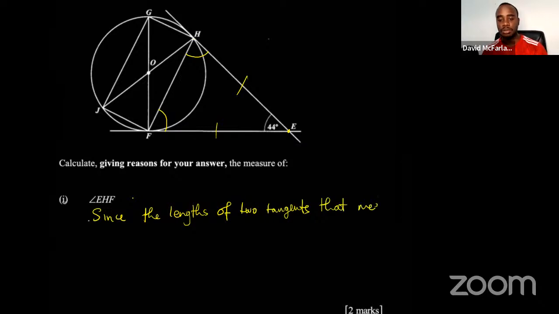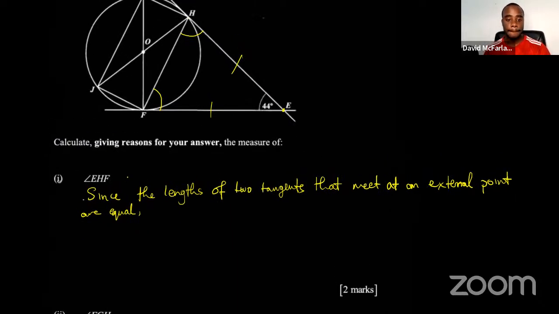I feel like I'm putting in too many words here. You could have probably said it in fewer words, but yeah. That means triangle EHF forms an isosceles triangle.